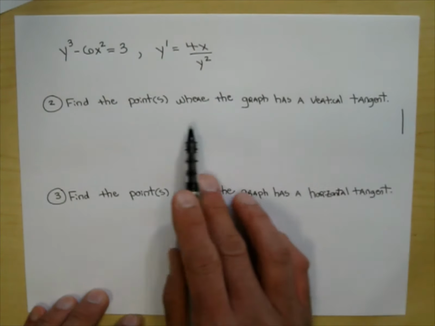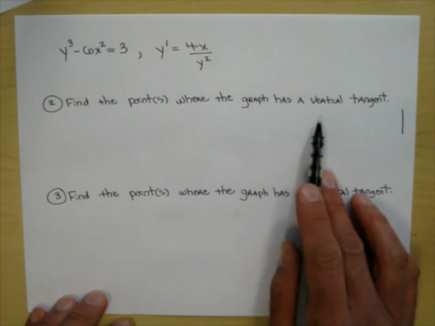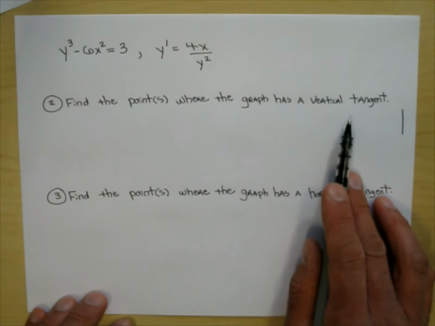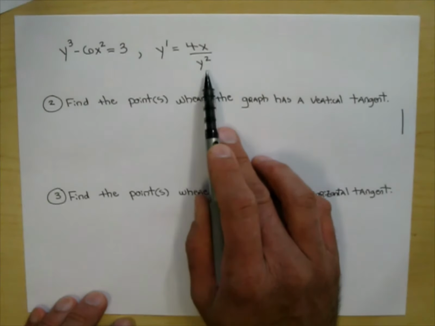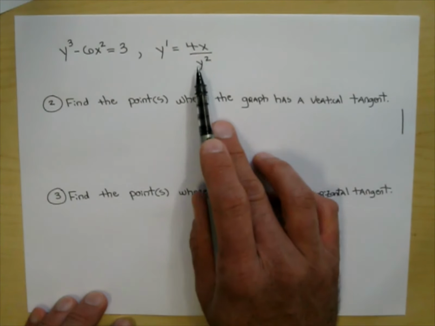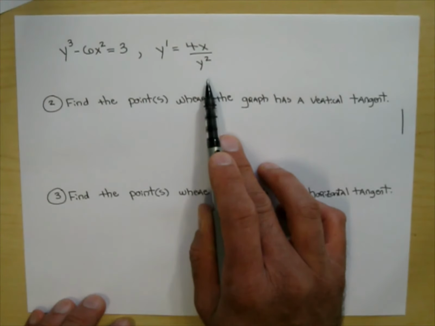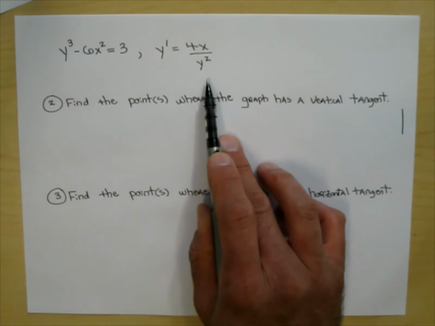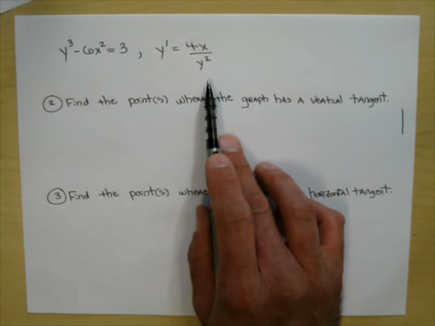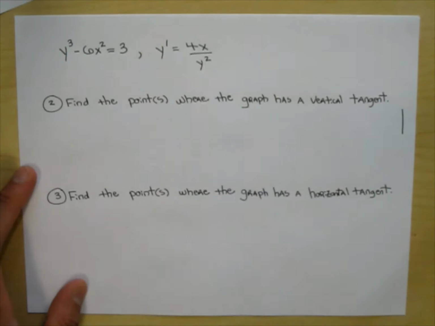It would have a vertical tangent if, here's the slope function, the bottom was 0. Let's go ahead and see what we get for this.